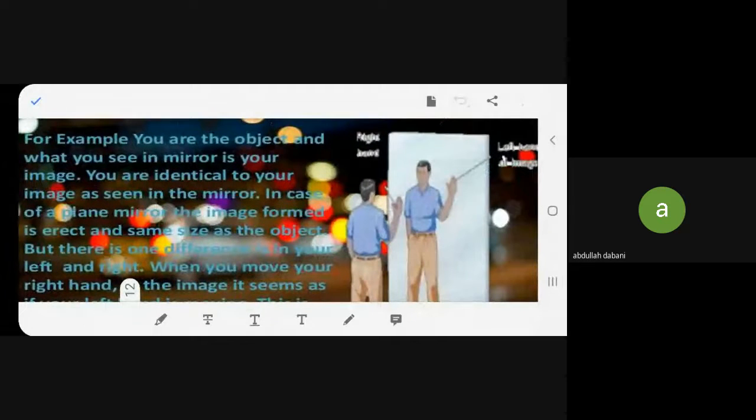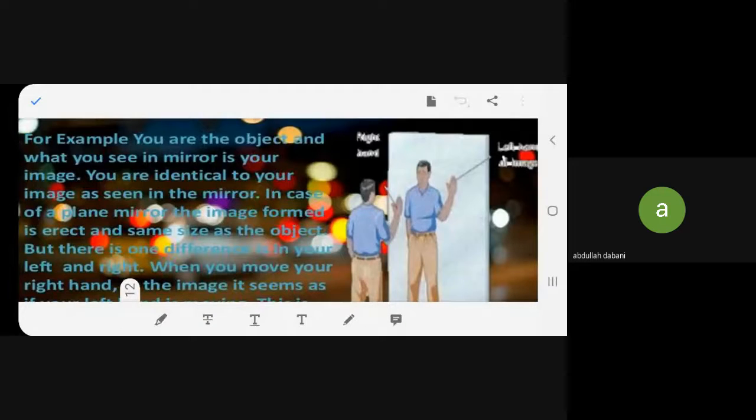Lateral inversion. For example, you are the object and what you see in the mirror is your image. You are identical to your image as seen in the mirror. In case of a plane mirror, the image formed is erect and the same size as the object, but there is one difference in your left and right.